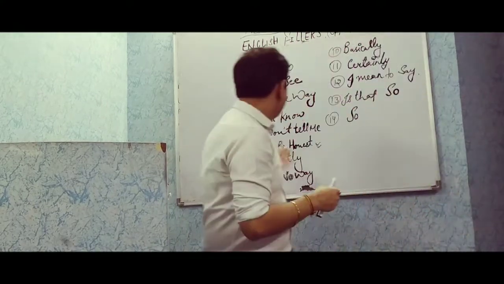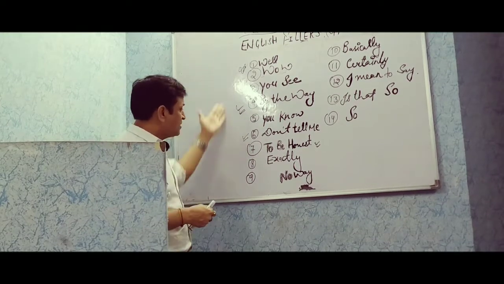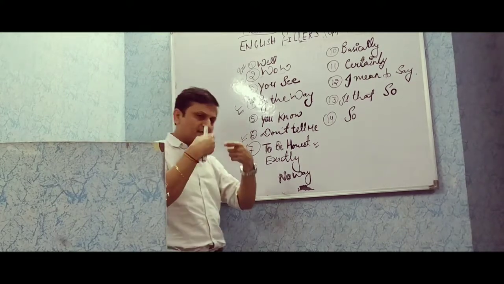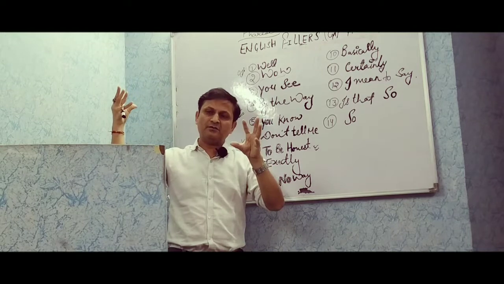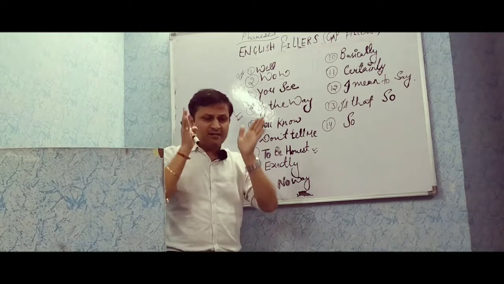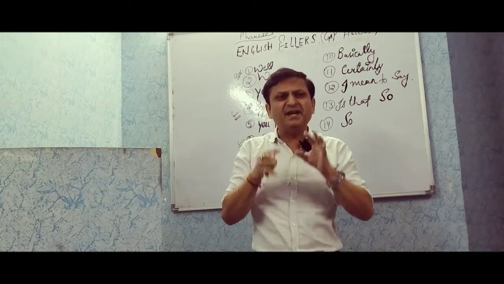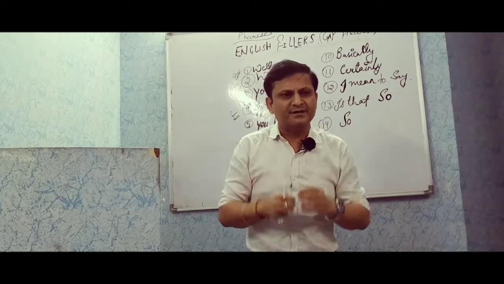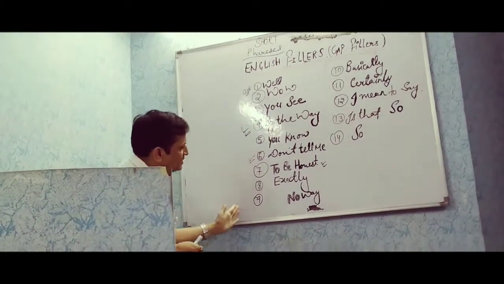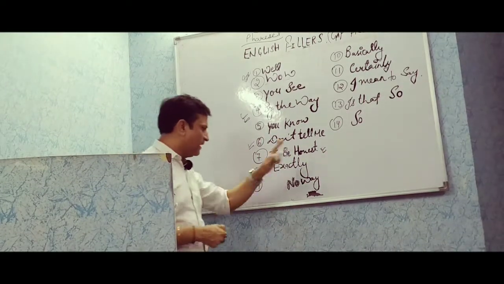These are basically short phrases, or you can say little phrases, for whenever you are gathering a new sentence or new line to speak in English. At that point, being mum or silent seems very awkward. So instead of being mum or silent, you can use these fillers. Now next is exactly, which I already explained.